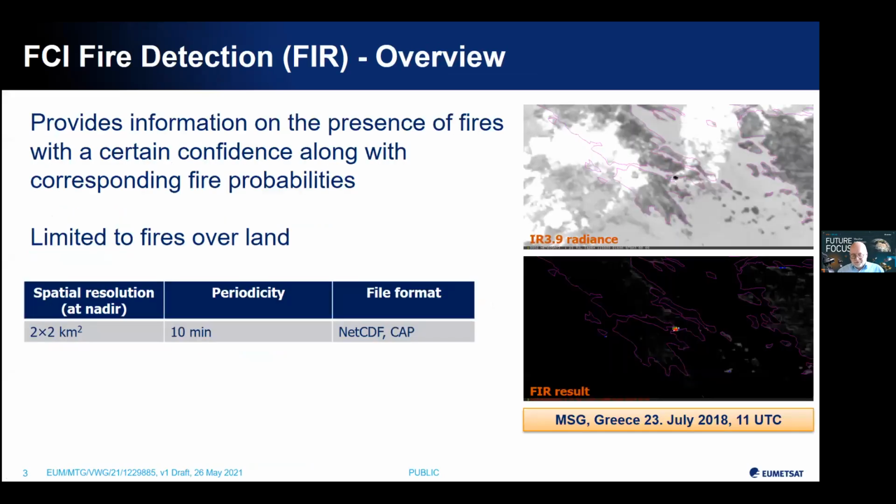As Johan showed you, the fire product provides information of the presence of fires with a certain confidence along with corresponding fire probabilities. We limit the fires over land only, and it has a spatial resolution of 2 kilometers at nadir every 10 minutes, and will be available in 2 different formats, NetCDF and CAP.